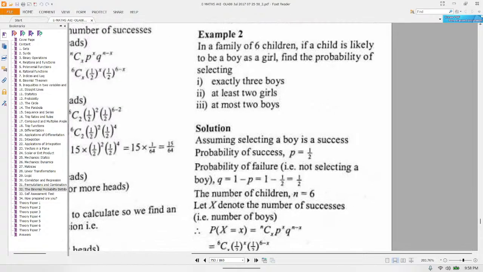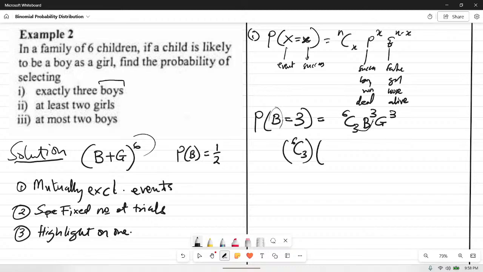Assuming selecting a boy is a success, the probability of success is half. That's the English explanation there. So probability of boy is half, probability of girl is also half. This becomes half exponent 3, which is the foot of the combination here. Then half exponent 3 for the girls, so that 3 plus 3 gives you 6.